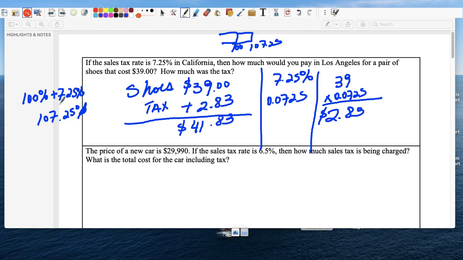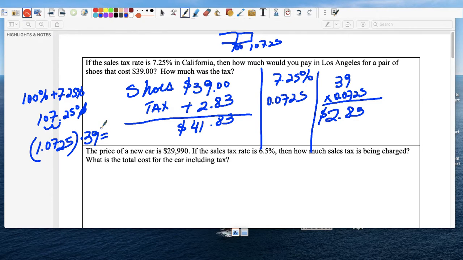Now we're going to change that to a decimal. If we change that to a decimal, we move that 2, it becomes 1.0725. Now if I take that and multiply that by 39, that's the more direct way.